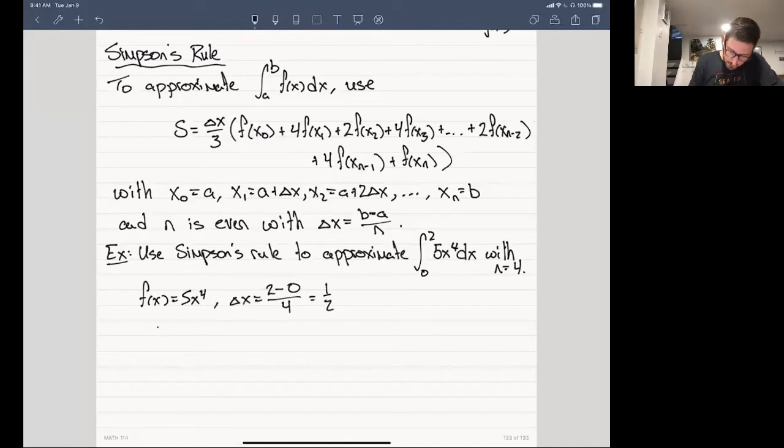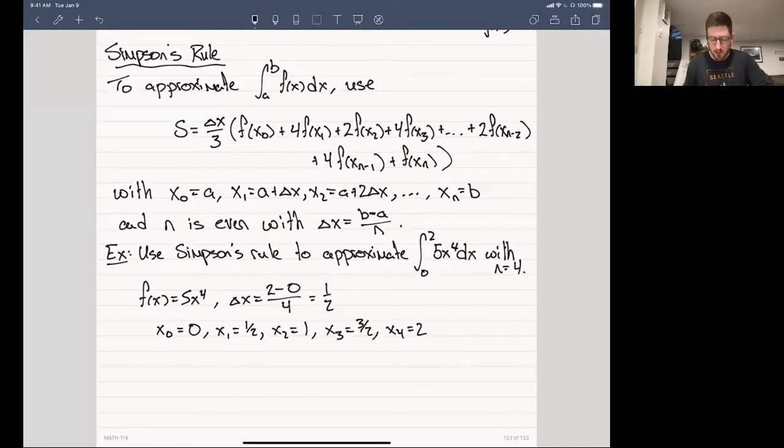And now I can get my x0, which is 0, 1/2, 1, 3/2, and finally 2.